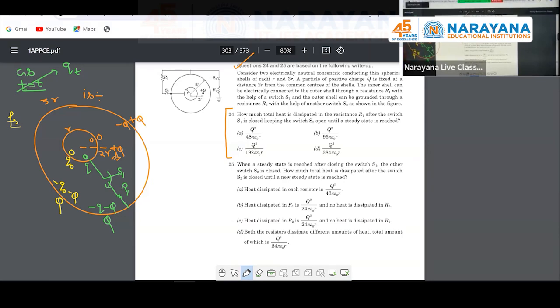So first of all, in the final state, solve for Q naught. Try to find out what is the value of Q naught. Then we'll see what Q naught comes out as. Because the potential of both the shells are equal. So what is Q naught? In the final stage, just give me the value of Q naught by the static condition.